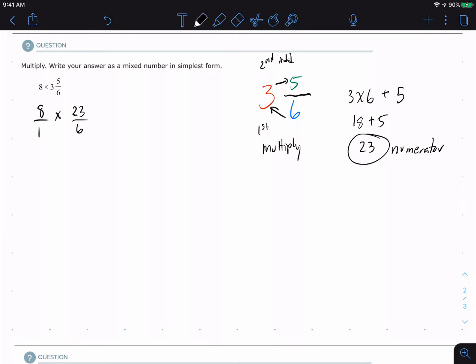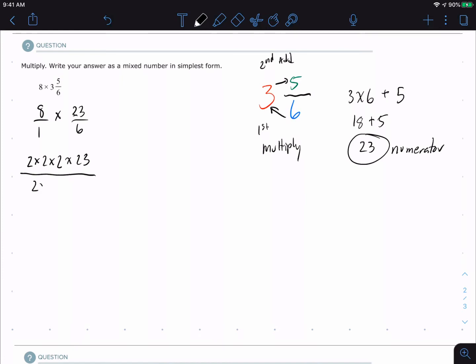Are we okay? Yeah. All right, cool. Now, here's why I want to break down my numbers, because 8 times 23 becomes something crazy big. I don't want to deal with something crazy big. So I'm going to break down the 8 to be 2 times 2 times 2, right? Times the 23.